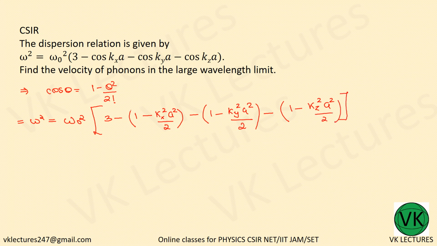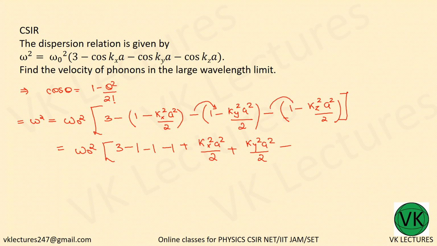Now all that done, that's equal to omega naught square into 3 minus, this is minus 1 if I take outside, this is again minus 1 if I take outside, here again minus 1 if I take outside, then minus of minus plus, so kx square a square divided by 2 plus, this is again minus into minus plus, so ky square a square divided by 2, again this minus jumps here, plus kz square a square divided by 2.